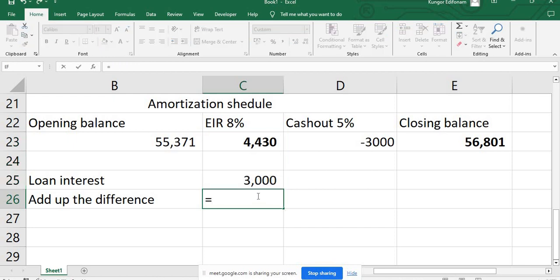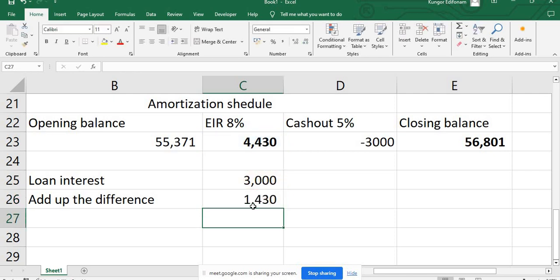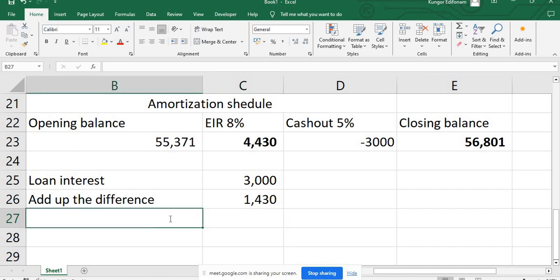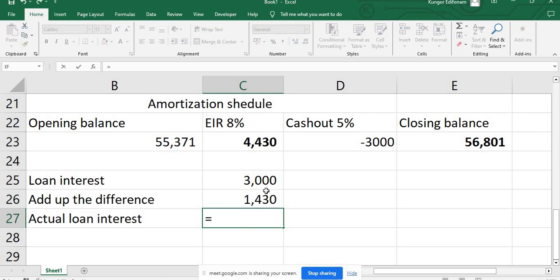The excess will be this minus this, so we will add this to this, and then we'll get the actual loan interest, the summation of this and this.